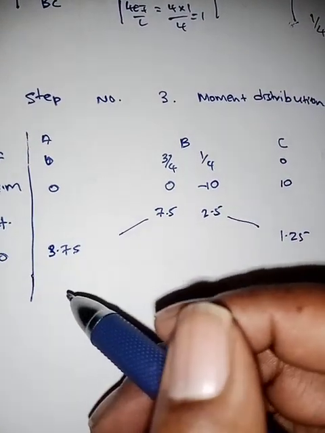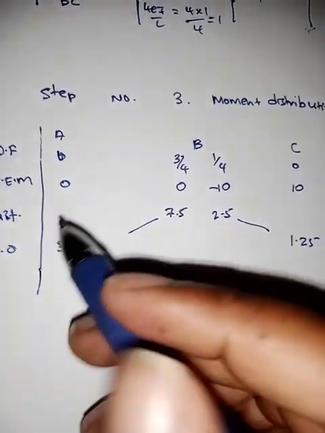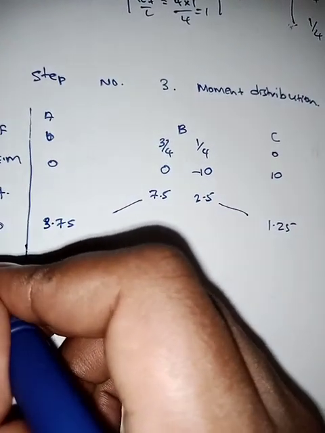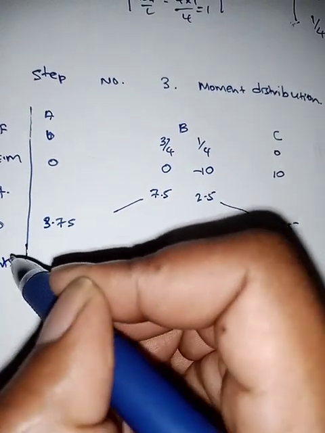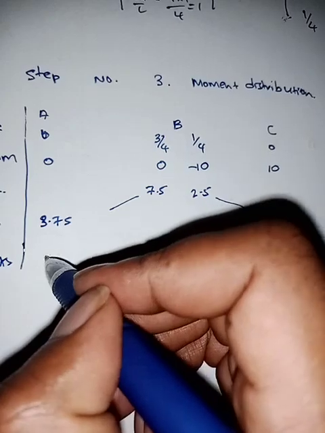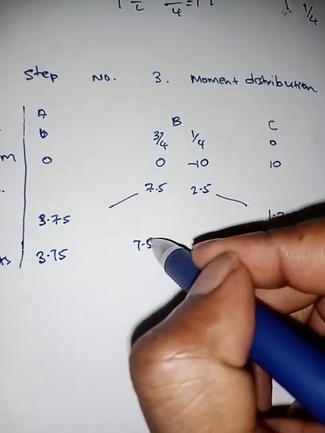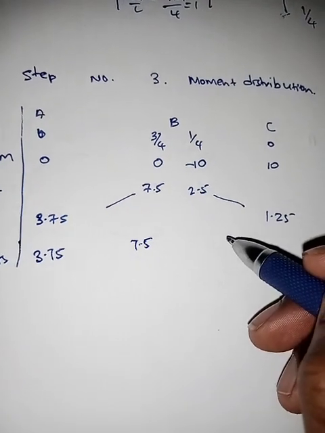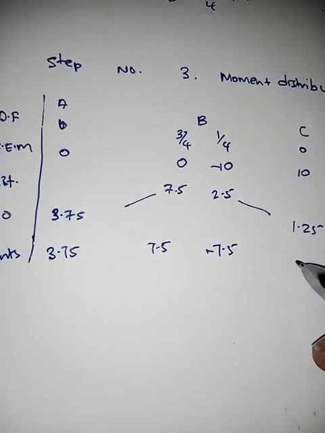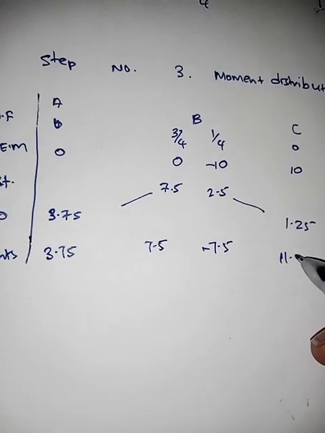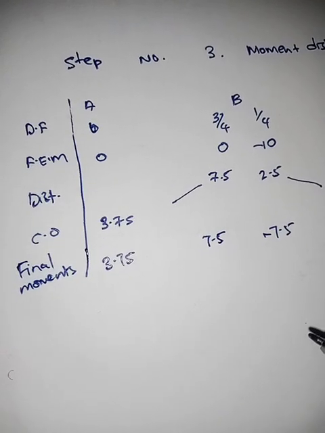So there is nothing else to distribute. There is no unbalanced moment. So the final moments, if you add this up, this will be 3.75, this will be 7.5, this will be negative 7.5, and this will be 11.25.